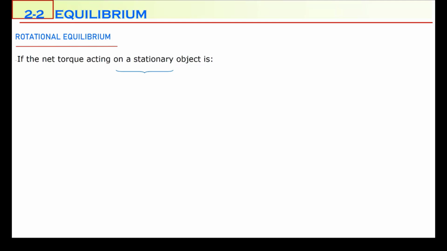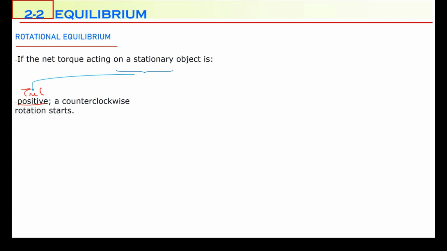In translational equilibrium, remember, we were looking for net force to be 0. In rotational equilibrium, we will look for net torque. If the net torque acting on a stationary object is 0, pardon, is positive. If net torque is positive, what happens? Positive net torque.